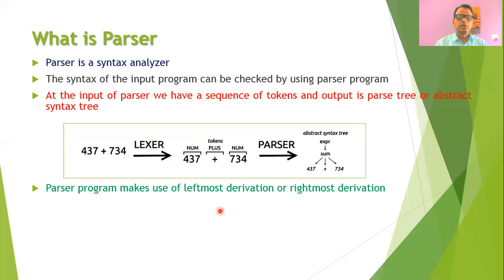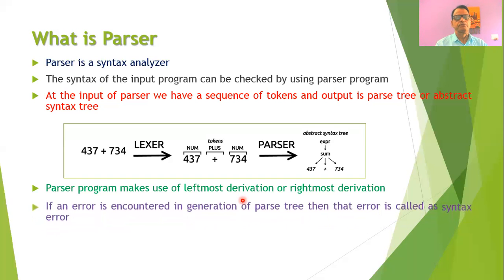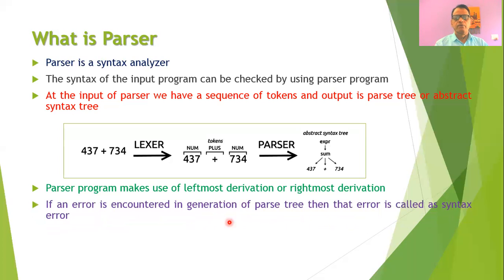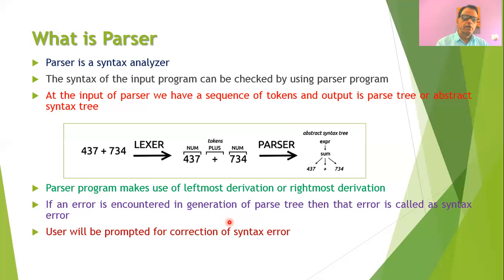If such derivation is not possible, then an error will be generated, and this error is called the syntax error. Now we know that every compiler will have an error handler, and therefore the user will be prompted about the correction in the program code so that the error can be removed.